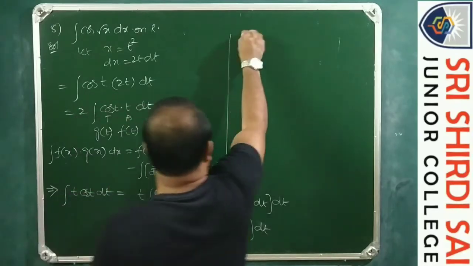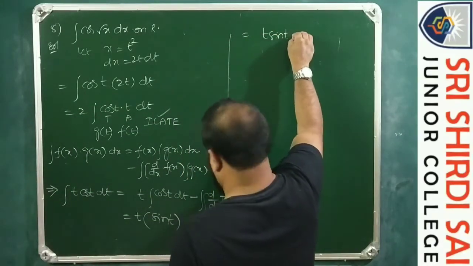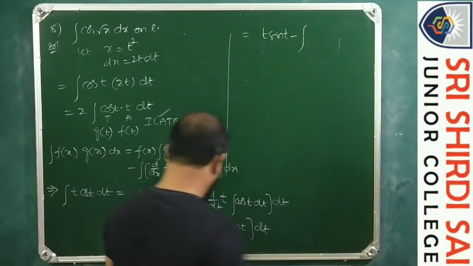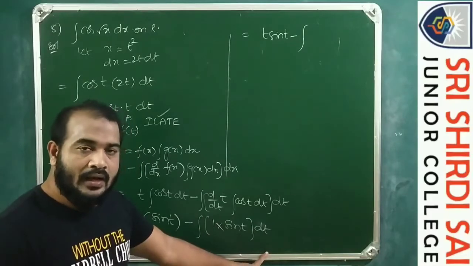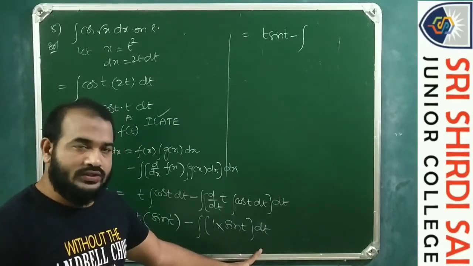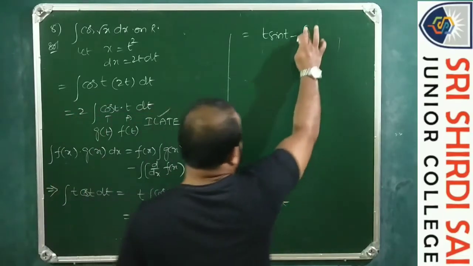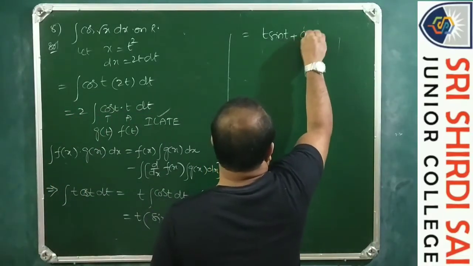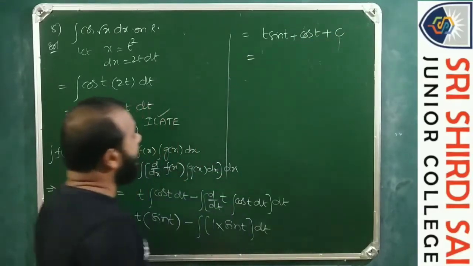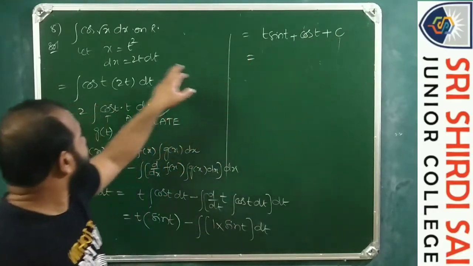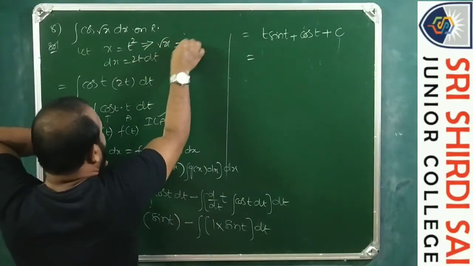This implies t sin t minus integral 1 into sin t, integral sin t dt is integral sin x dx is minus cos x, integral sin t dt is minus cos t, minus of minus plus cos t plus c. So let us replace, x is equals to t square while root x is equals to t.